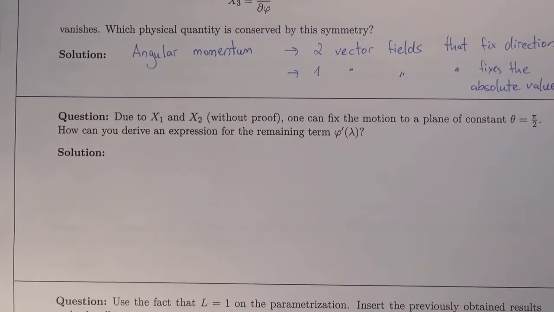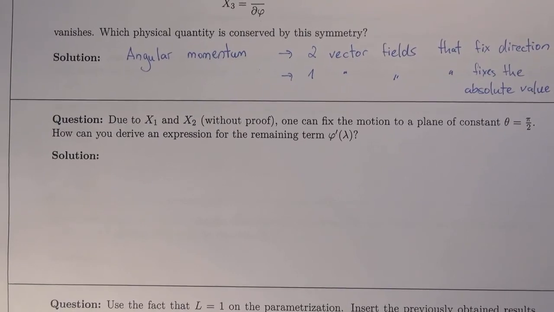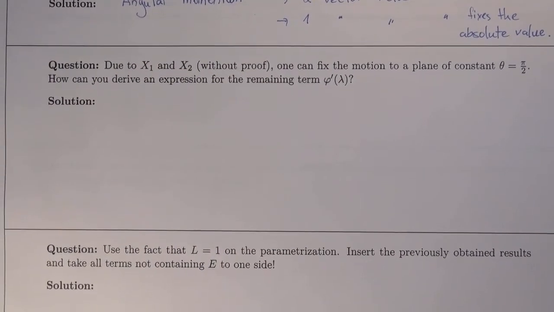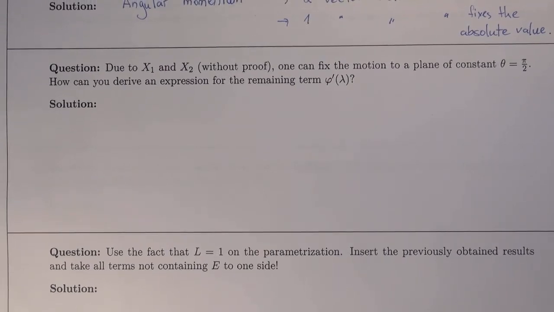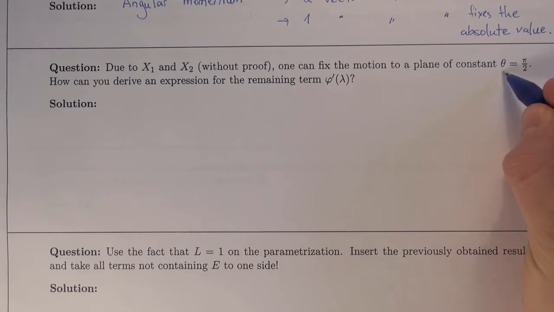So the first two of these vector fields, x1 and x2, fix the motion to a plane of constant theta. And if we have found such a plane of constant theta, we can of course turn our system of reference in such a way that we end up at theta equal to pi half, which makes life much easier, since then all the sine squared theta or sine theta that appear are just 1, and we don't need to carry them through anymore.